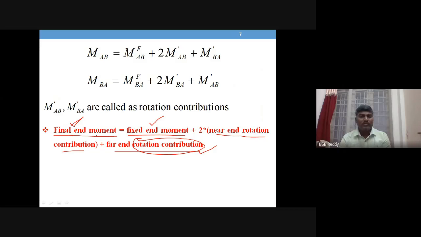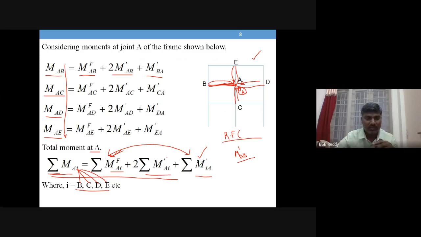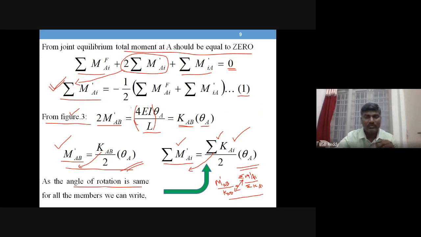In this rotation contribution method, if you want the final end moment, you need the fixed end moment, and rotation contributions must be calculated, whether near end or far end. First, you need a formula for calculating rotation contribution, and that is derived in this session. You have to practice the procedure very well.